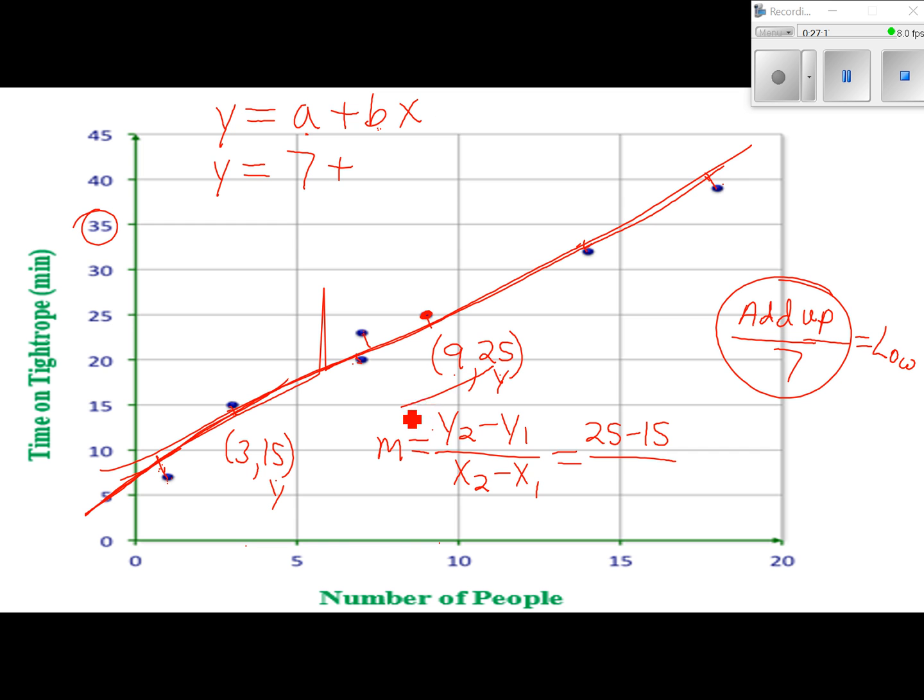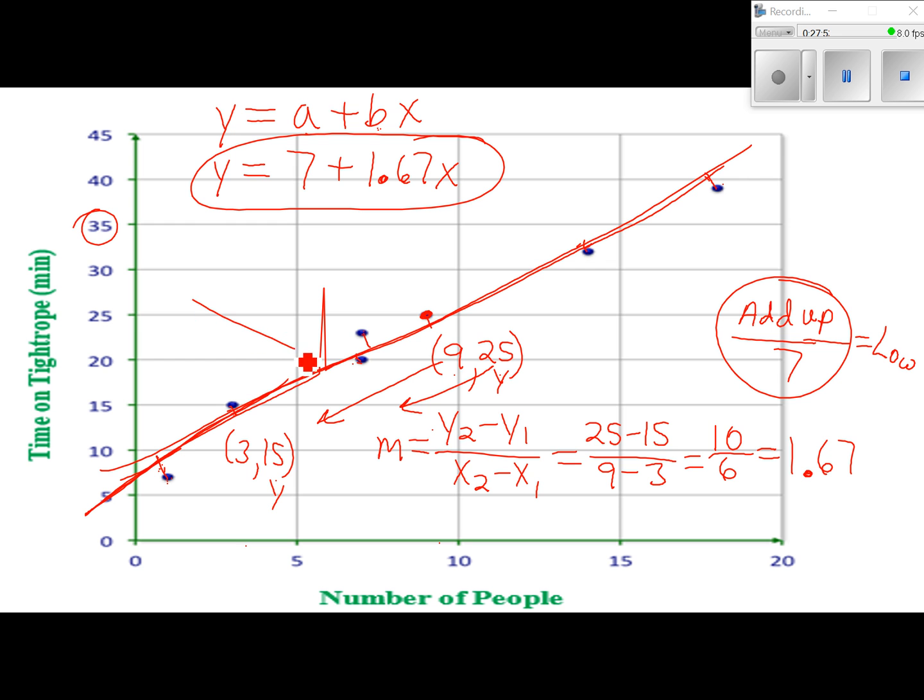So I went from this y to that one, that means I got to start with this x and go to that x. So on bottom I got 9 minus 3. 25 minus 15 is 10. 9 minus 3 is 6. Just divide that out. 6 will go into 10 once, so 1 point, with 4 left over, 1.6 repeating, or 1.67, something about like that. That's going to be our slope. So 1.67 times x.